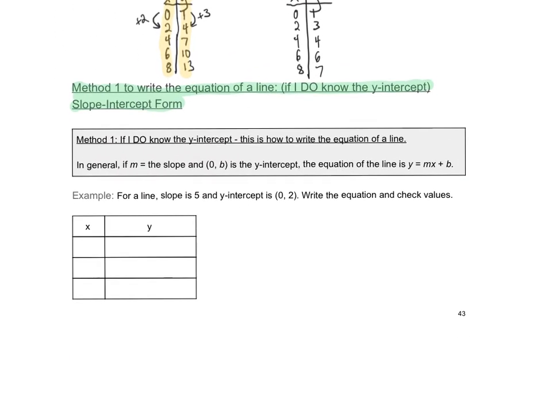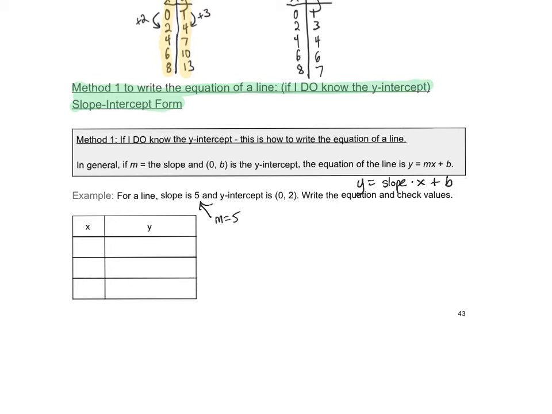So if I do know the y-intercept, then it's pretty easy to write the equation of a line. If I know the slope and I know the y-intercept, then the equation of the line is always equal to y equals the slope, whatever it is, times x, and then you add the y value of the y-intercept. So in this example, the slope is 5.